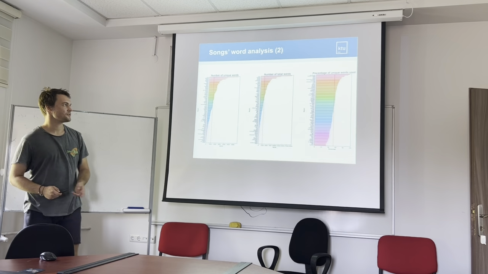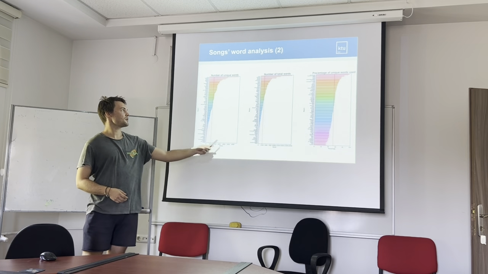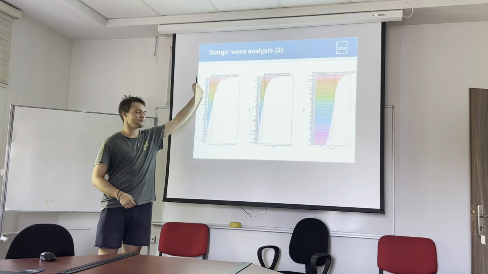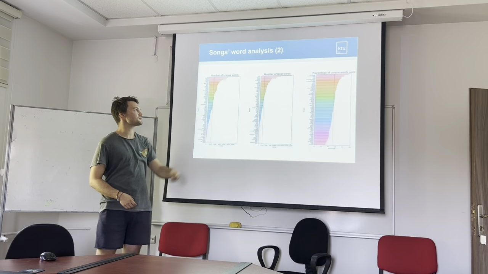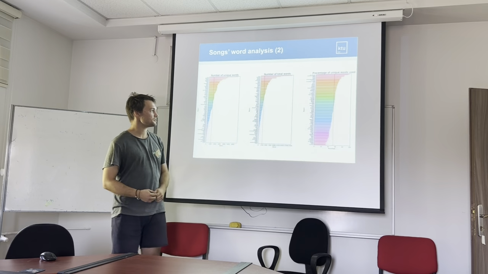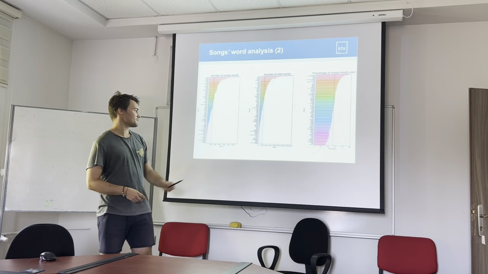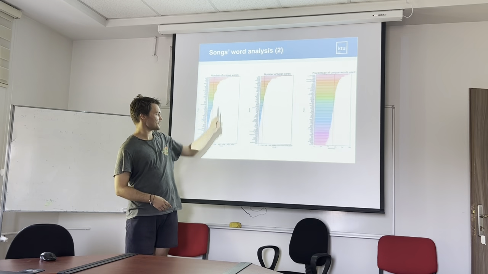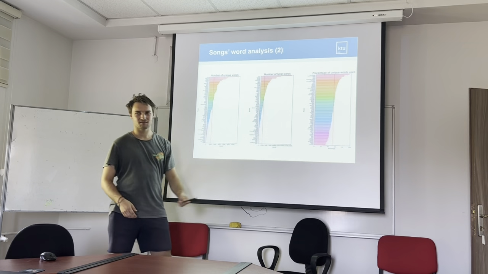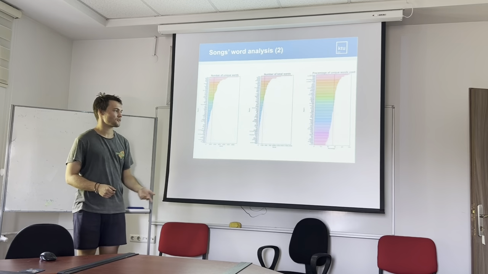So, more into numbers, this is the graph of the number of unique words. Of course, the region with the most songs had the most unique words. The same could be said about total words, but the difference is about 6,000 unique words and about 18,000 total words, more than 3 times.